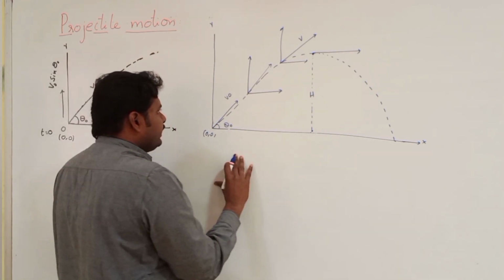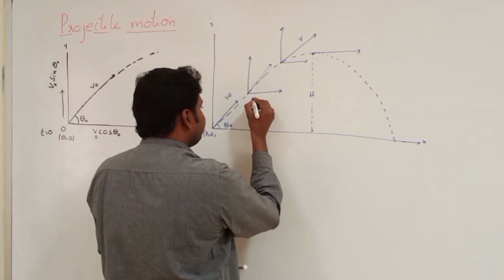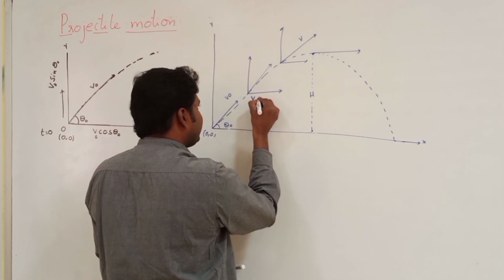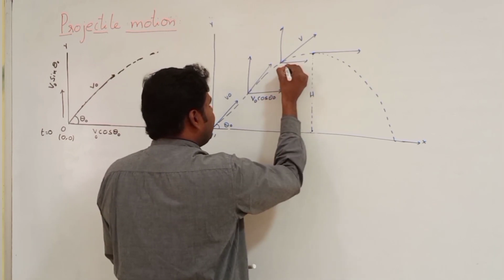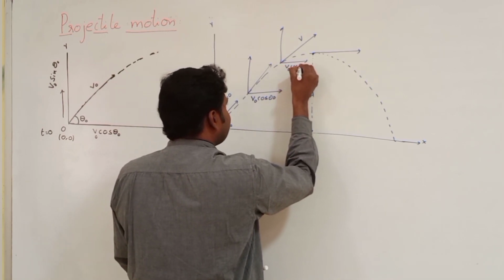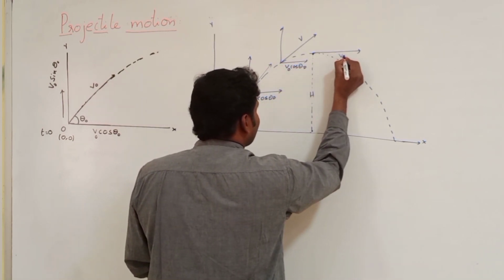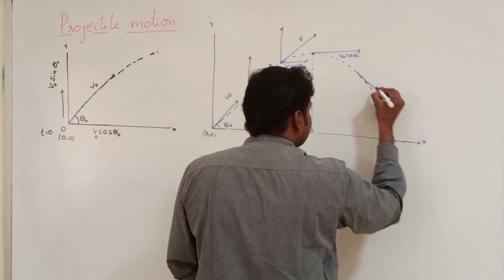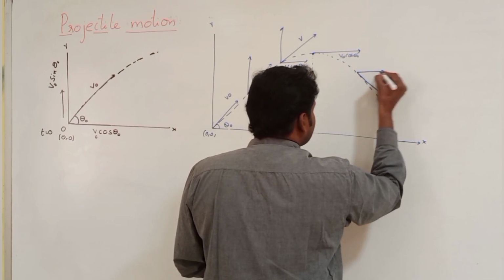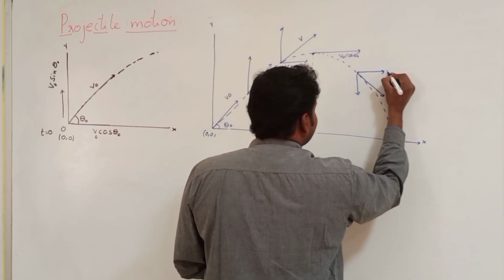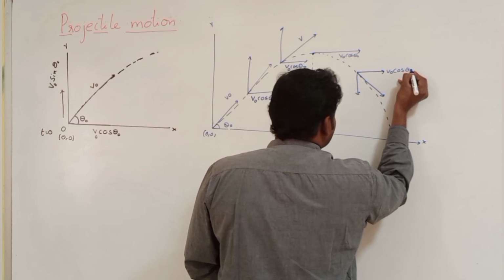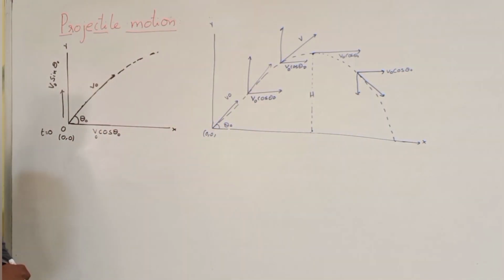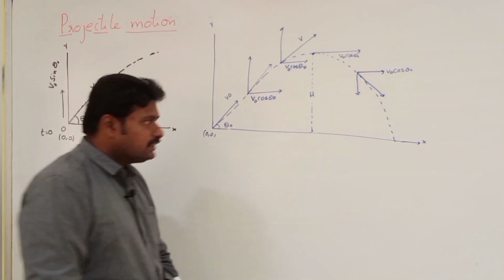Here, if you observe, the horizontal component of velocity remains the same. This is v naught cos theta naught, at every point along the path. The horizontal component of velocity remains constant, while the vertical component of velocity changes.